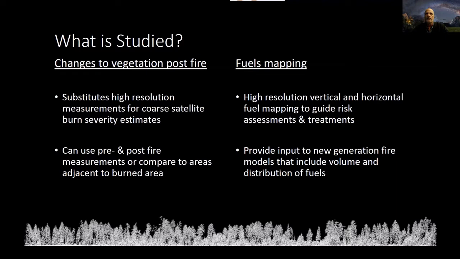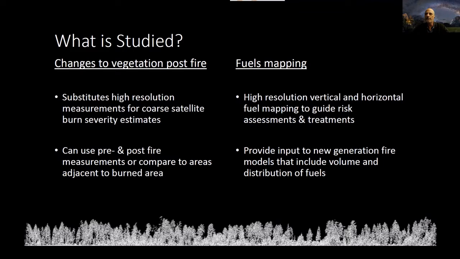But now we can do it in much higher precision, much higher fidelity, much higher resolution. And there are two approaches here. Ideally, you have pre and post-fire high resolution data. When that's not available, a common technique is to look at what structures are present following the fire and compare them with nearby areas that were outside the fire perimeter, and then deduce likely changes.